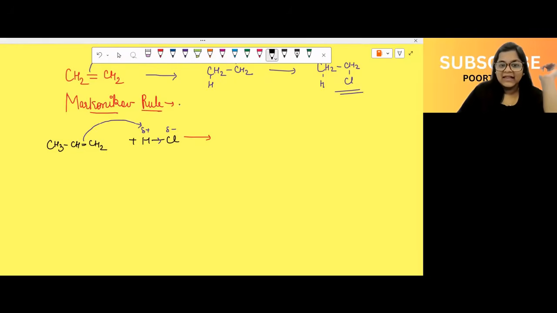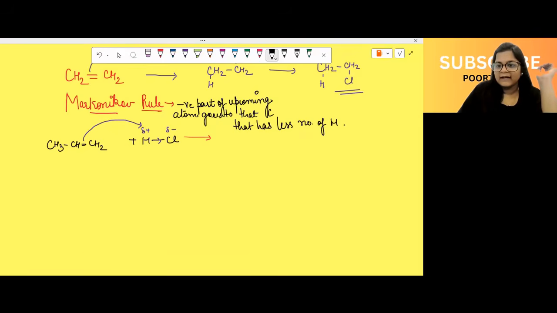It is saying that the negative part of the upcoming atom goes to that carbon that has less number of hydrogen atoms.